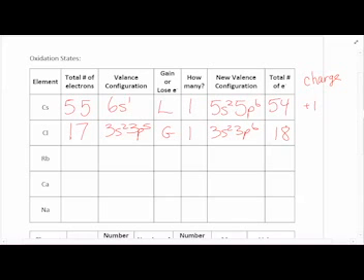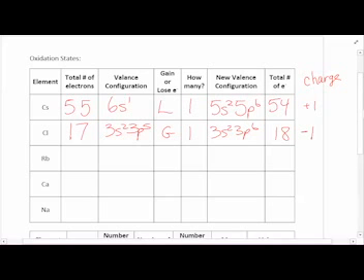So chlorine's kind of doing the opposite here. So we're going to end up with a -1 charge. Remember, electrons have a -1 charge, so it's kind of the opposite of what you're doing. Also, keep in mind, group 17, which is the halogens, are all going to gain 1 to be like the noble gases. So the chlorine is going to be isoelectronic with argon.